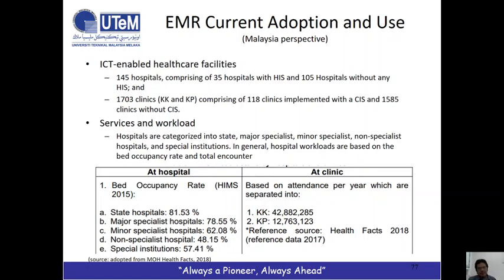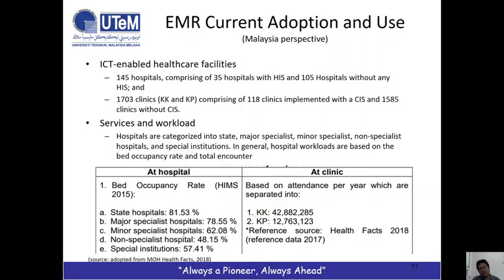So when you look at this data, especially on the KK and KP. KK means health center, like in Malacca they call it polyclinic. That is a KK, klinik kesihatan in Bahasa Malaysia. KP is klinik pergigian, which is dental clinics. So KK and KP total is 1,703 across Malaysia.